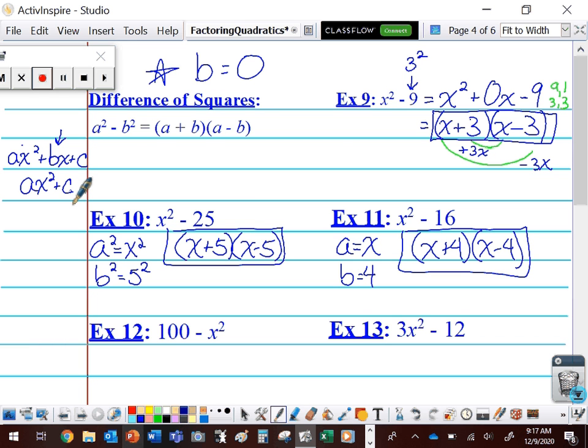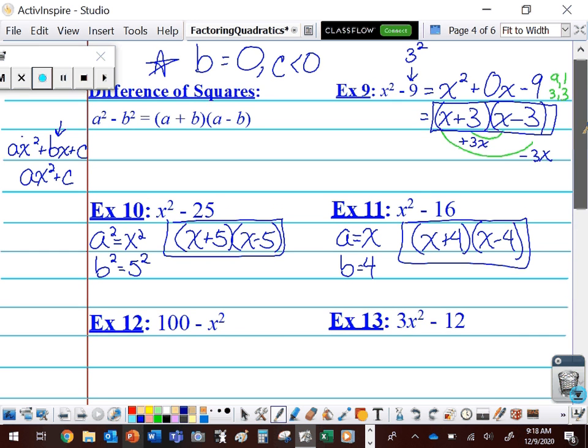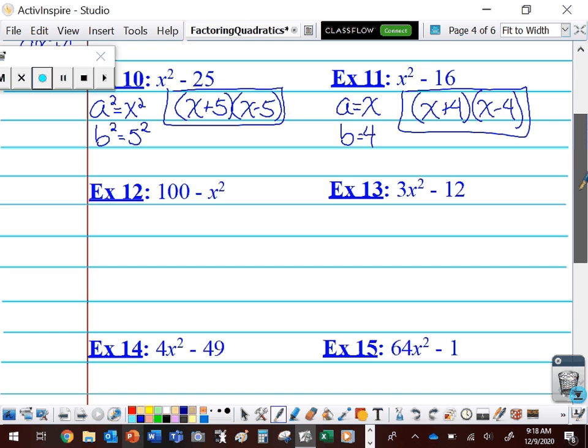And if c is negative, we're probably looking at the difference of squares. What's important to point out is that if c is positive, there is no way to factor the sum of squares. Okay, a squared plus c squared, there's no way to factor that. But if we have a squared minus b squared, that's something that we can factor quickly.